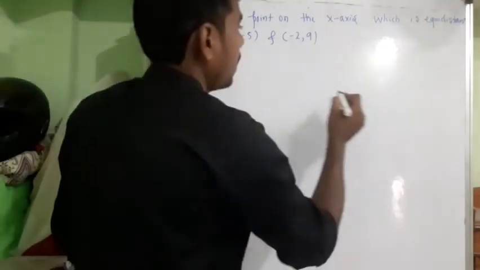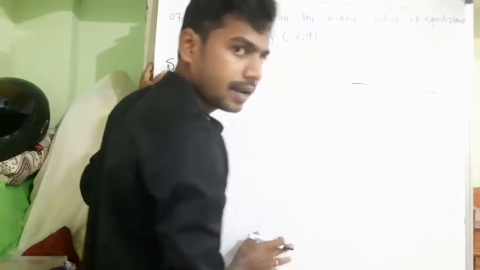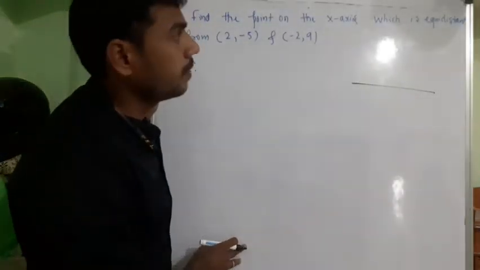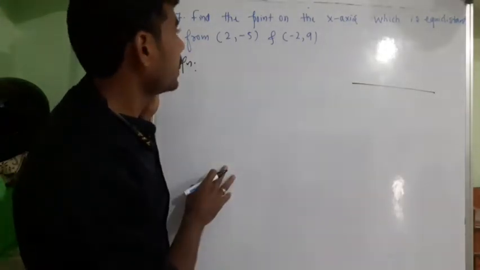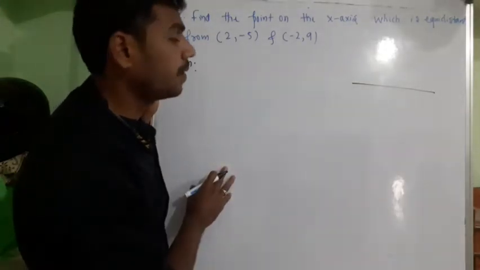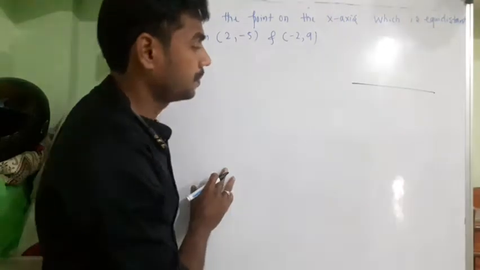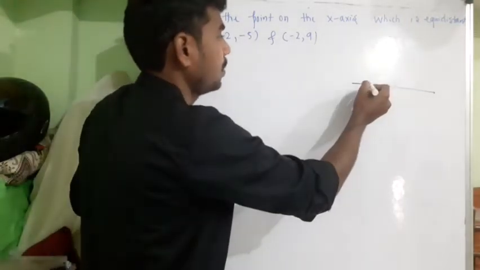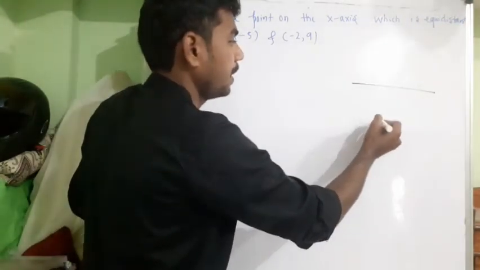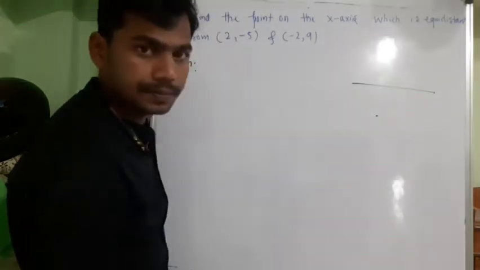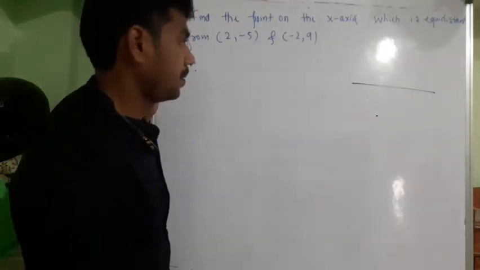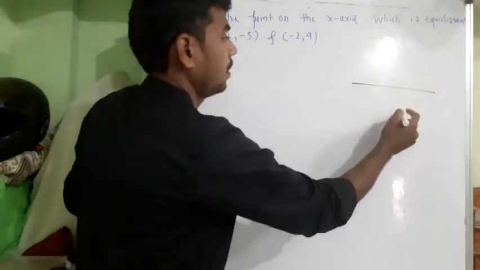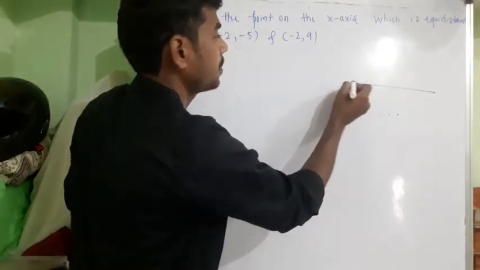The point is on the x-axis and equidistant from (2, minus 5). Where will it come? Somewhere in between.